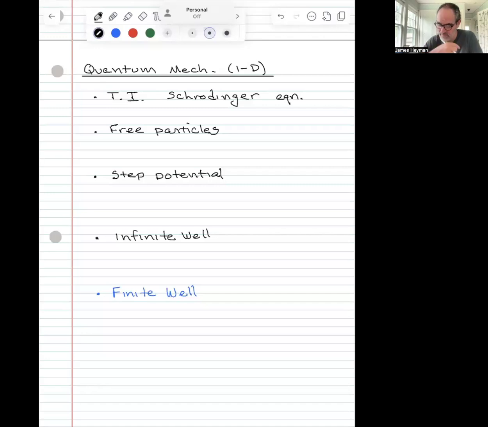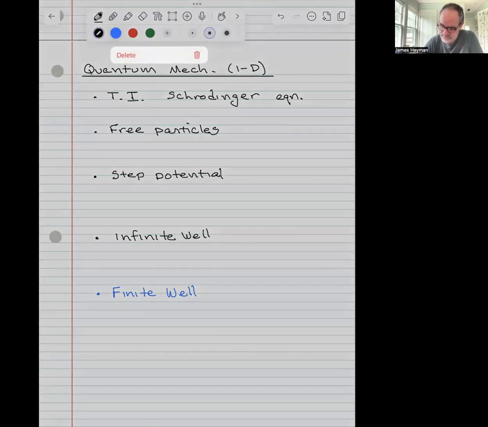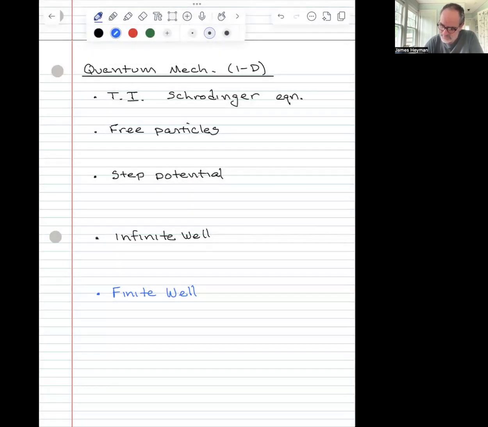Just to recap, we started our discussion more recently. We've introduced the time-independent Schrodinger equation, and then we've looked for solutions of this equation that describe different scenarios. The first scenario we looked at was that of a free particle.